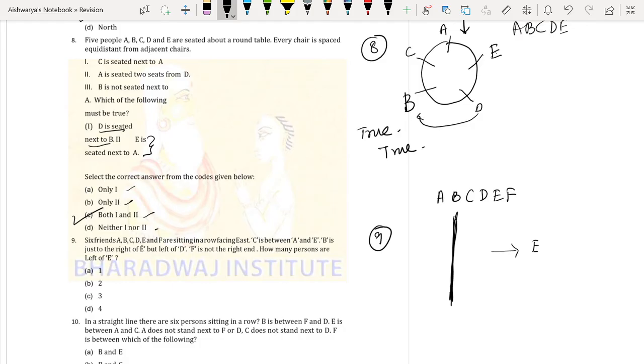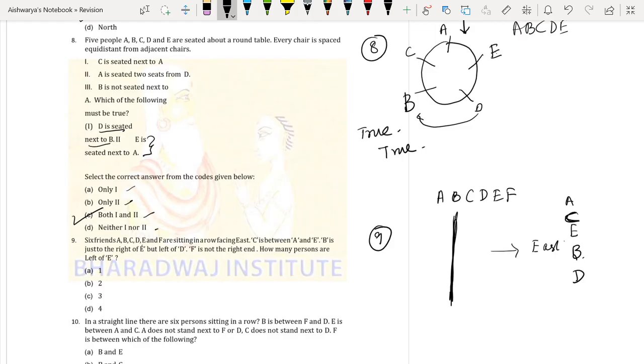Okay. So C is between A and E. This is east, okay. So A and E I'm having C in between. I'll not fill up the order now. Let me just randomly write whatever info I have. B is just to the right of E, will be B. But left of D. So D will be below this.